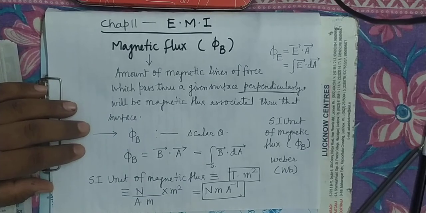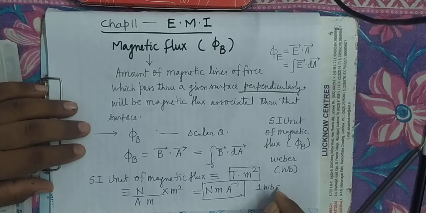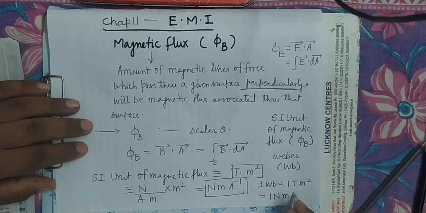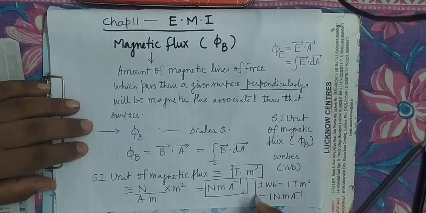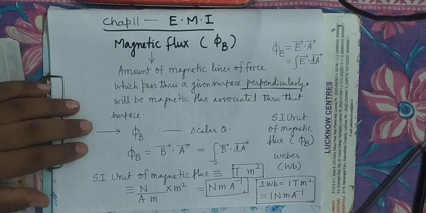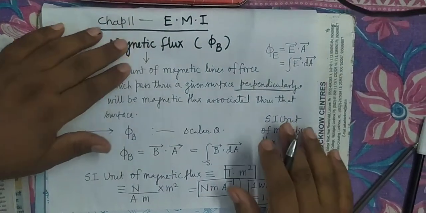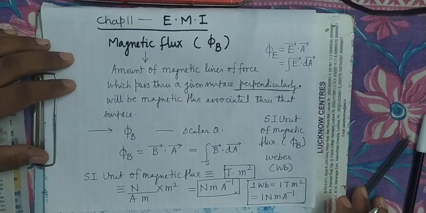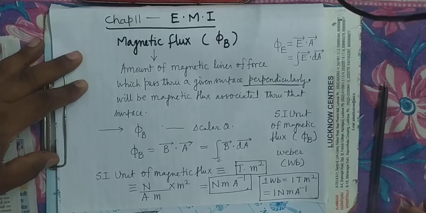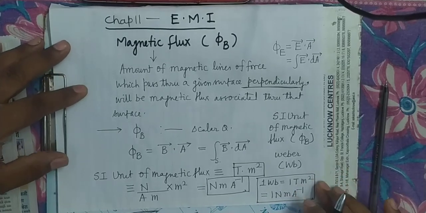It's clear? 1 Weber is equal to 1 Tesla meter square, equal to 1 Newton meter per ampere. All three are the same. So what is magnetic flux? It is the amount of magnetic lines of force which pass through a given surface perpendicularly. That is known as the magnetic flux.